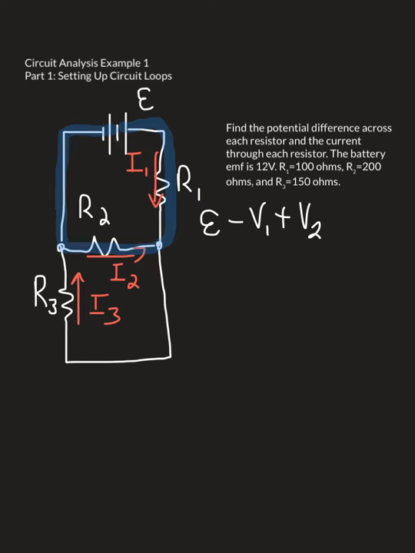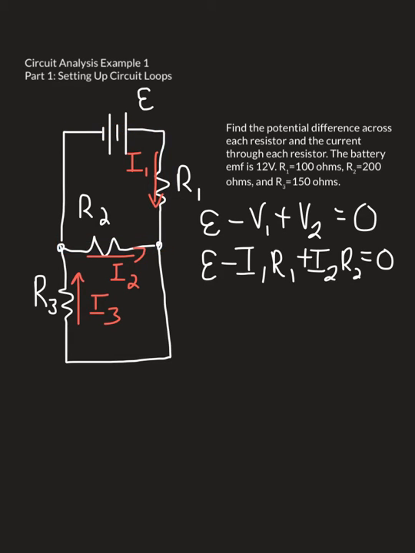And then the wire back to the battery doesn't produce any voltage change. So the sum of all these things has to equal 0. Using Ohm's law, V equals IR, I can go ahead and rewrite this equation in terms of current and voltage. That's it for loop 1.